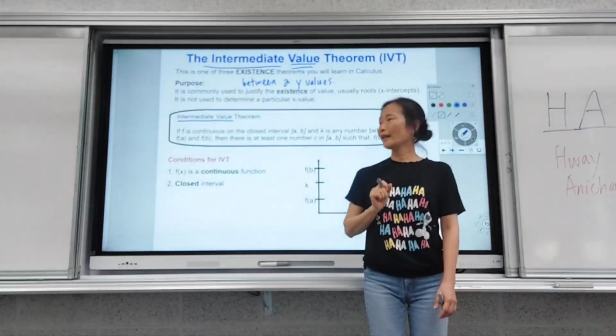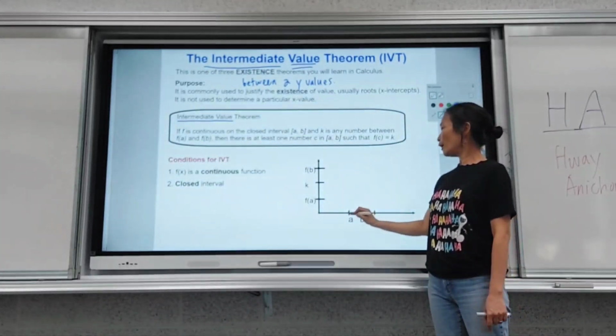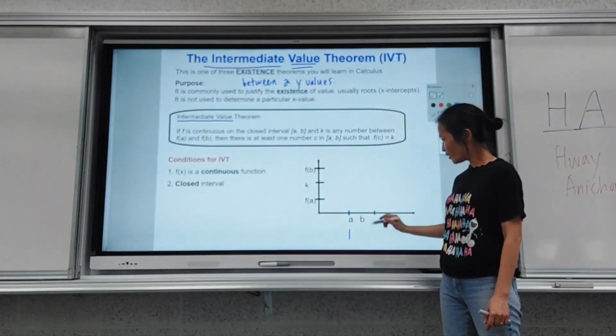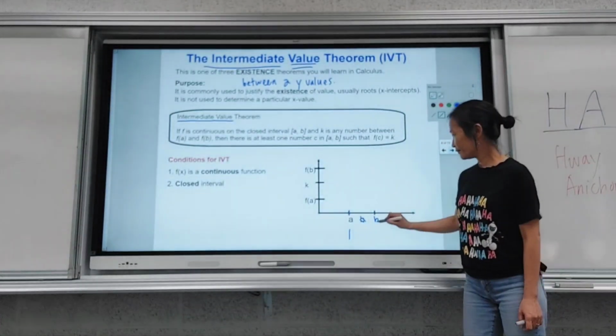Because of the nature of the continuous function, right? You have a point A, this is the x. Sorry, can you cross out that B and put B here? It's placed.